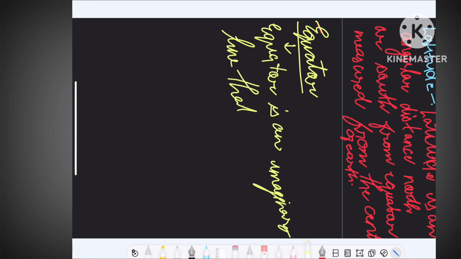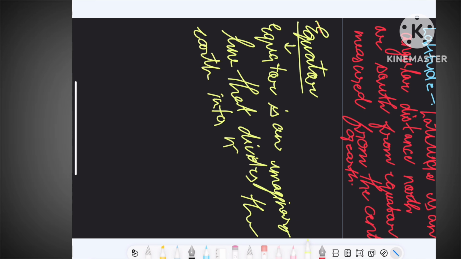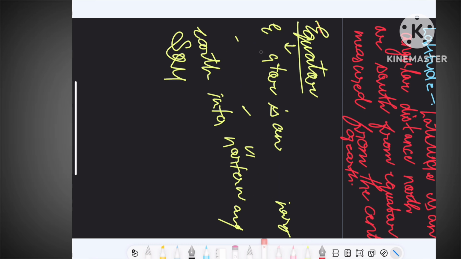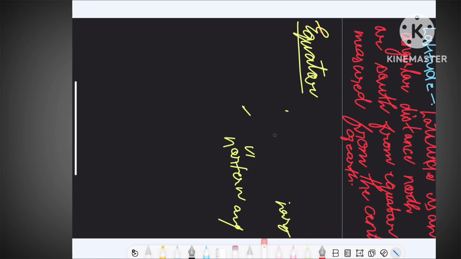This is so in bad handwriting. So what is equator? Equator divides earth into two equal halves, the northern and southern hemisphere.